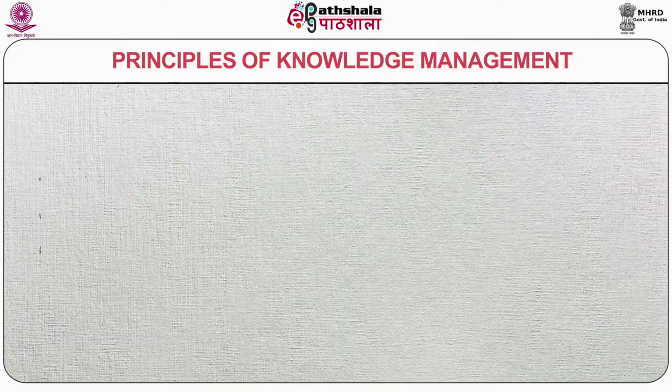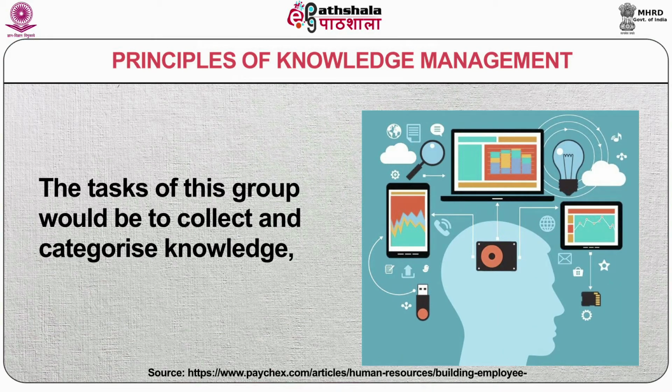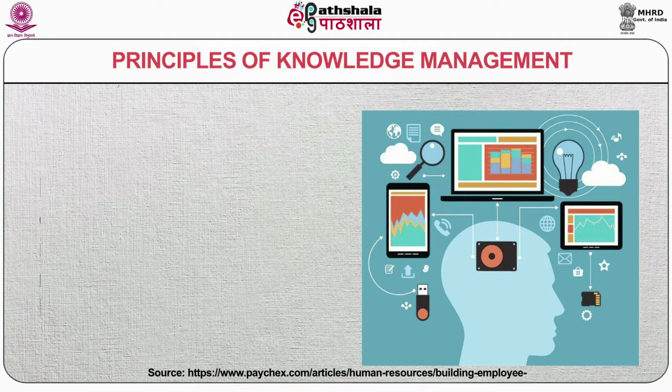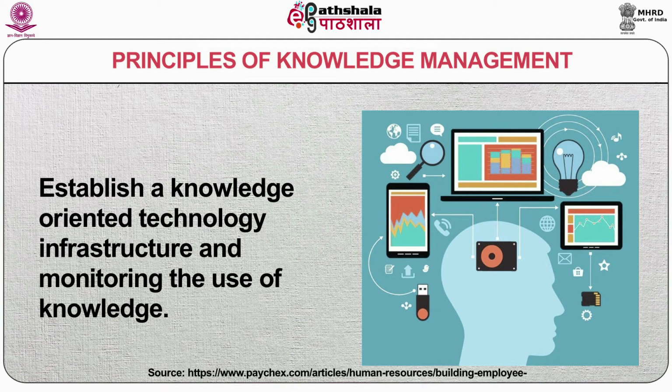Knowledge management requires knowledge managers. It means knowledge cannot be effectively managed unless it is delegated and controlled by a group of people who are efficient and responsible for managing it. The task of this group would be to collect and categorize knowledge, establish a knowledge-oriented technology infrastructure, and monitor the use of knowledge.